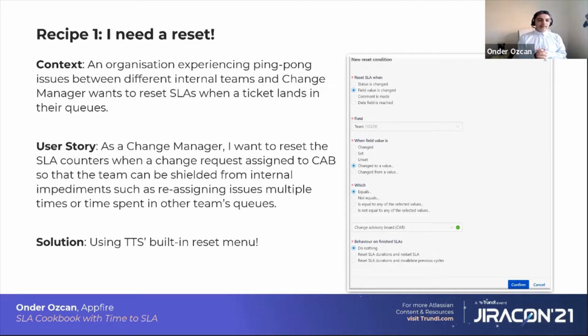We can reset SLAs based on status, for example, in progress, test, etc. We can use any field within the Jira system, like custom fields or any other built-in fields, assignee, etc. When a comment is made, we can take an action to reset an SLA counter, or we can use the date field.